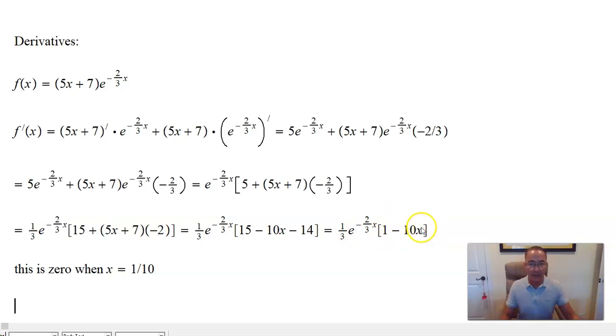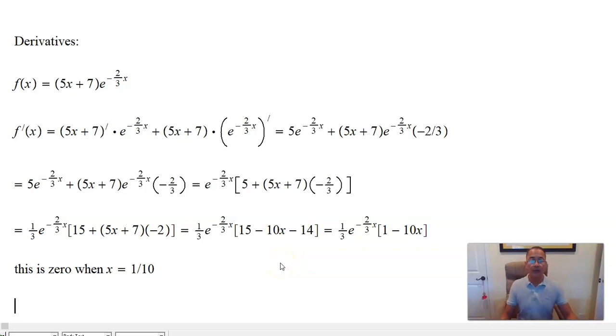So the sign is completely controlled by 1 minus 10x. We know it's 0 at 1/10. So what happens if we plug in 0? We're going to get positive 1 here. Positive, positive. It's going to be positive.